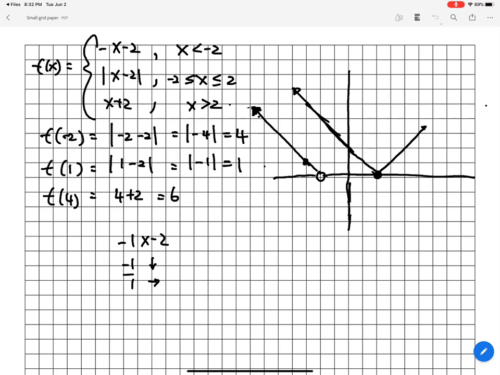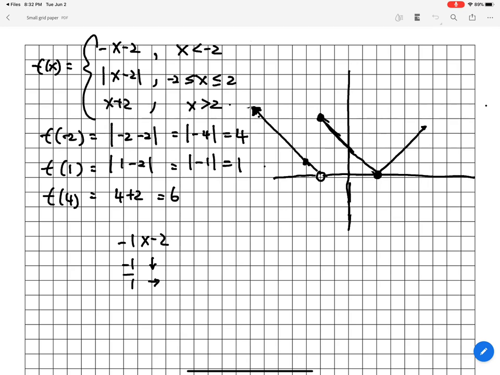Now, check this out. This absolute value only happens between negative 2 and 2. So that means anything greater than 2 or less than negative 2 has to be erased. So this equation actually only looks like that.